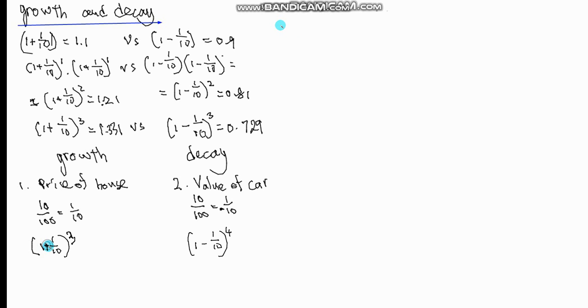Okay, principal means the investment. We can use the symbol X0 as in the book. What is the investment? Okay, now let's look at these two cases.